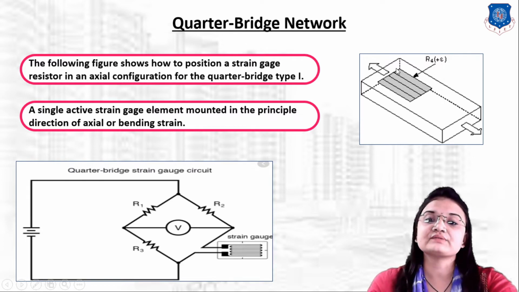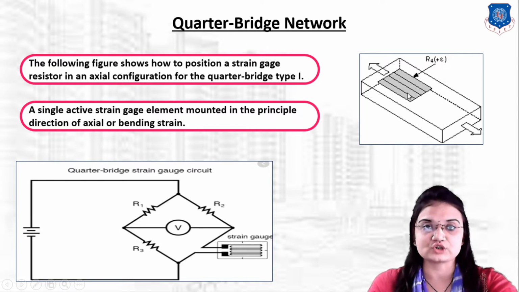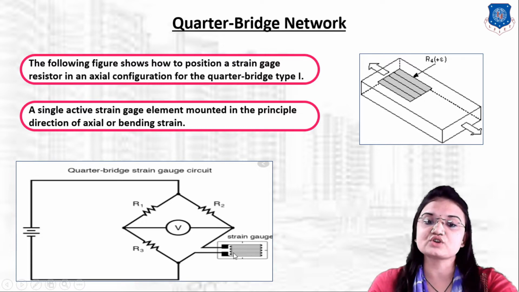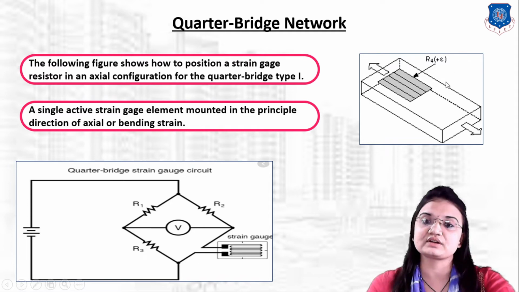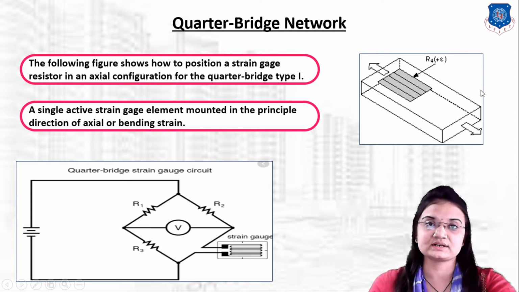When force is applied to this object, the resistance of this circuit will change. So by measuring the resistance of this strain gauge, we can easily collect the data regarding force, strain, tension and stress.